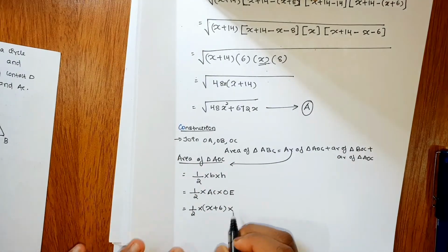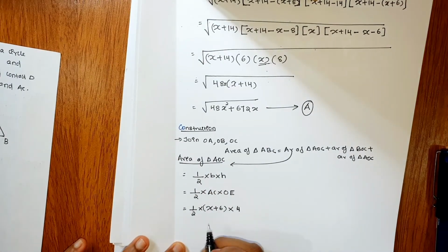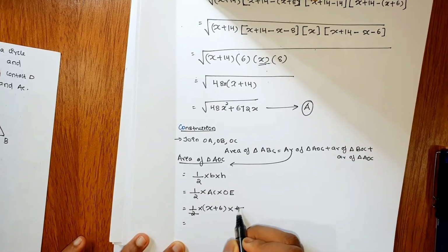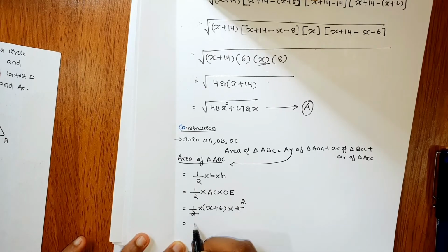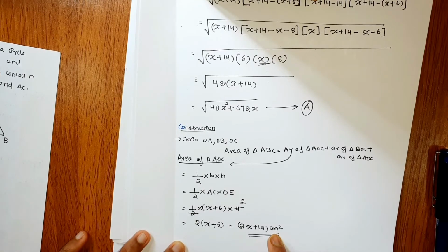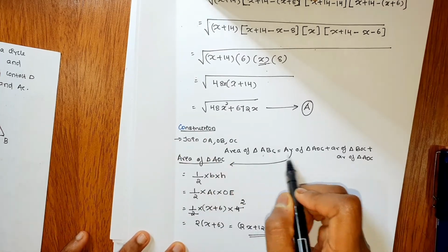So I can cancel this 2 and this 4. So 2 into x plus 6, that is equal to 2x plus 12 centimeter square. It is area, so you have to write in terms of centimeter square. So this is the area of this particular triangle.